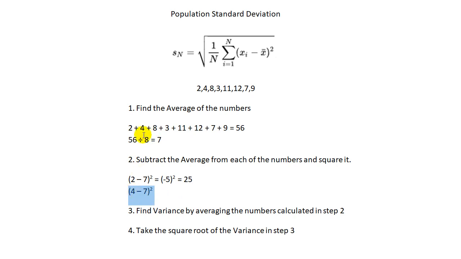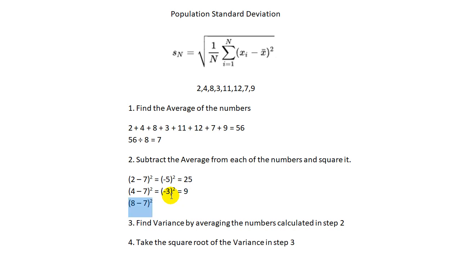So the next one is 4 minus the average of 7, square that. So we get negative 3 squared is 9, and we'll keep doing that for each item in the set.